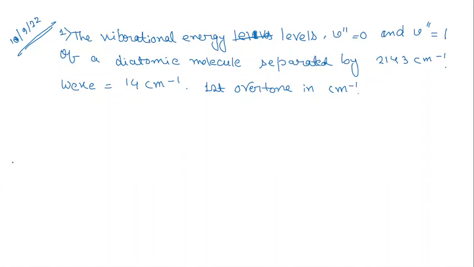Now, first you see that they gave the anharmonicity constant xe value. So first we will think that they're talking about an anharmonic diatomic molecule. What is the energy expression for a diatomic anharmonic molecule?